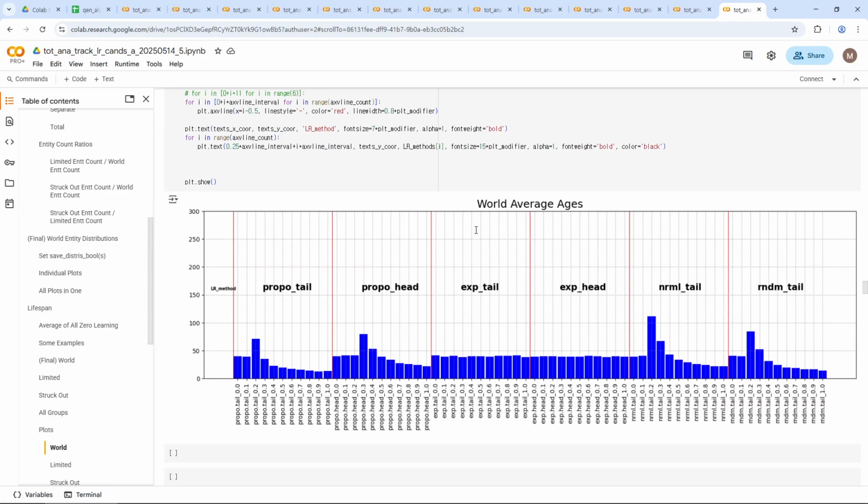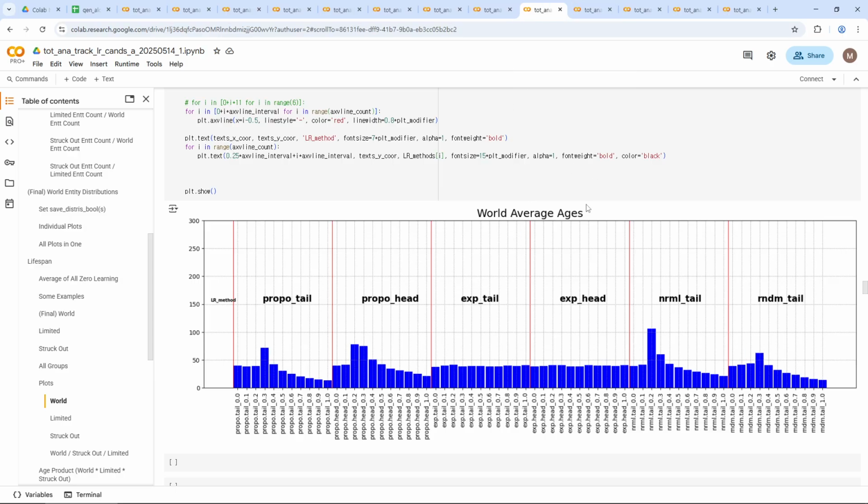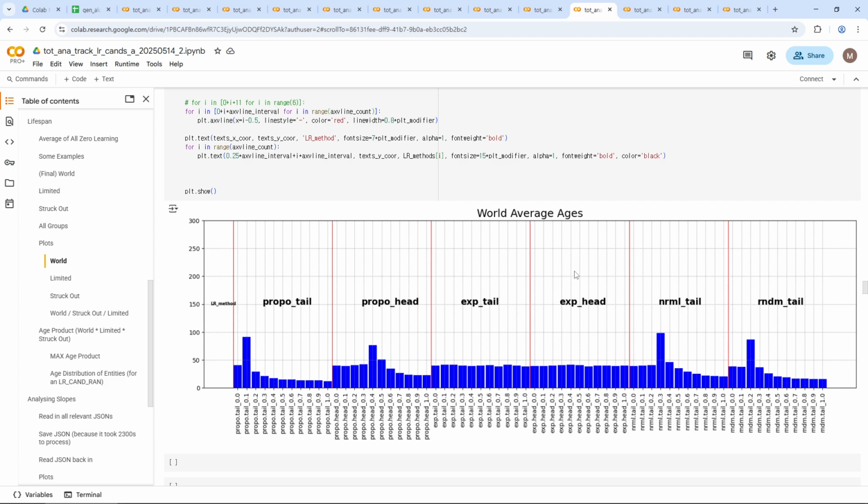lifespans. Cool. So the first one, where the candidate method is proportional tail, average lifespan for the entities in the world looks like this. Proportional tail, candidate method proportional head is like this. This is proportional tail, proportional head, candidate method exponential tail, right?